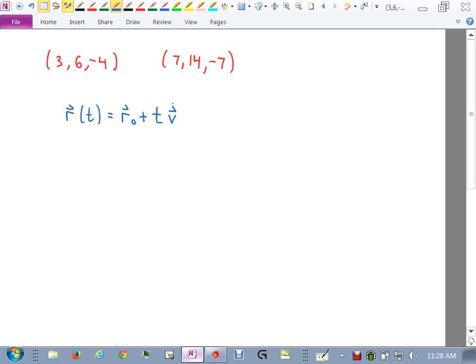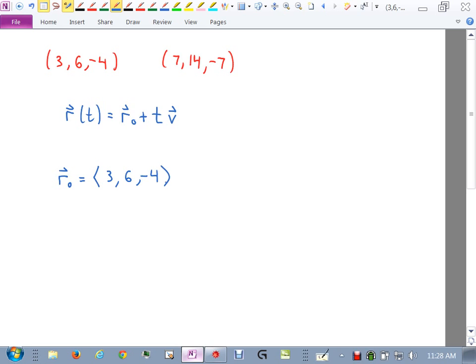So we need R0, right? So what is R0 going to be here? Okay, which means it could just be the first point converted to a vector, right? Could I have used the other point? Yes. It doesn't matter. R0's always just some point on the line converted to a vector. So I'll use the first one there, (3, 6, -4).